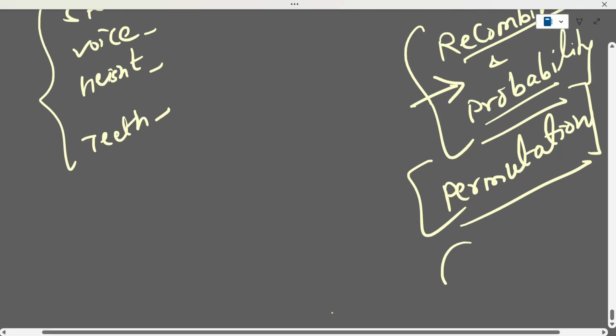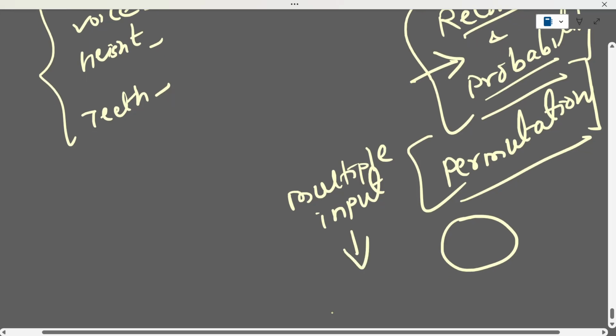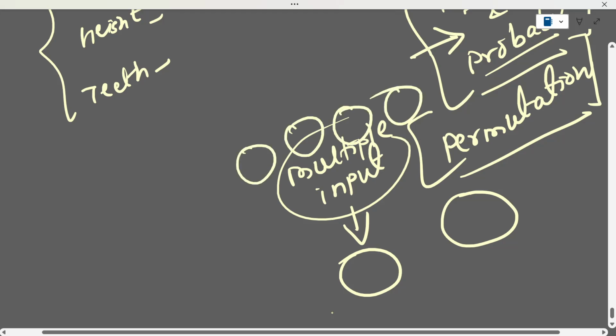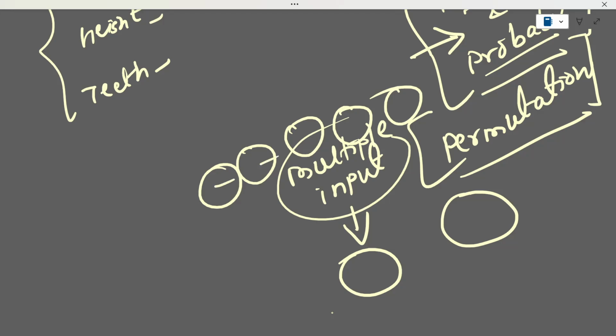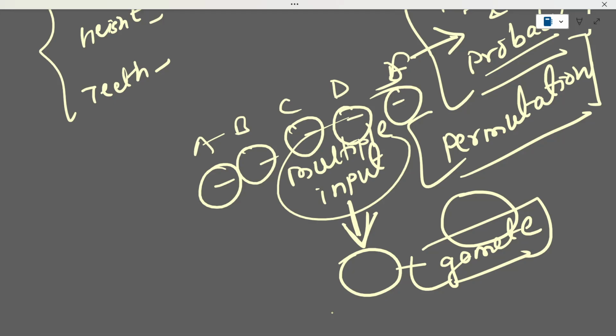are about deriving a particular set from multiple inputs. Inputs are multiple, and you need to derive one copy. So here, if these are 5 marbles, A, B, C, D, and E, and you need to derive one copy or one marble that can be copied in the gamete for the future offspring, which one will be selected?